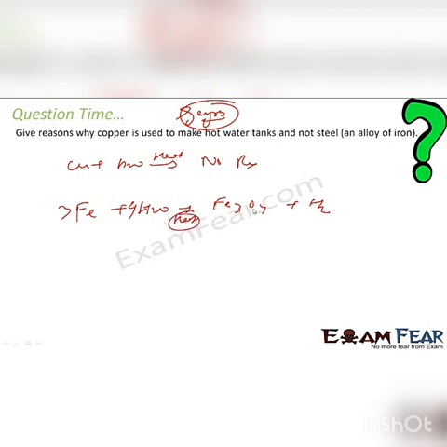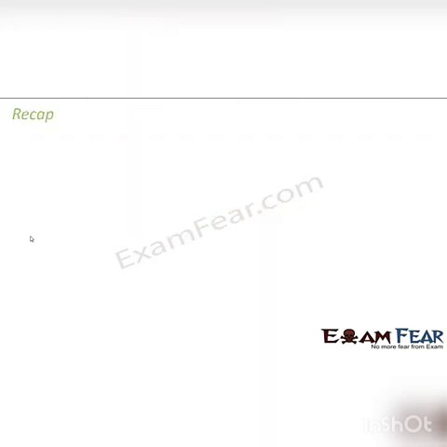So iron reacts with hot water. Copper doesn't react with hot water. And that's why copper is used for making hot water tanks, not iron.